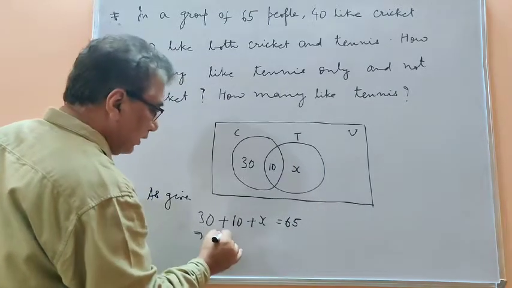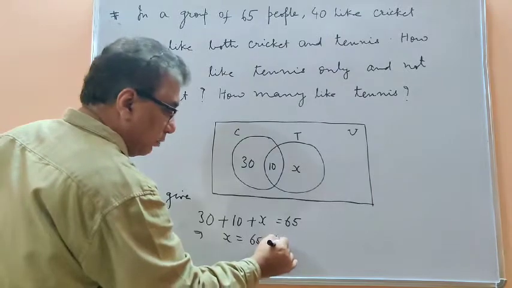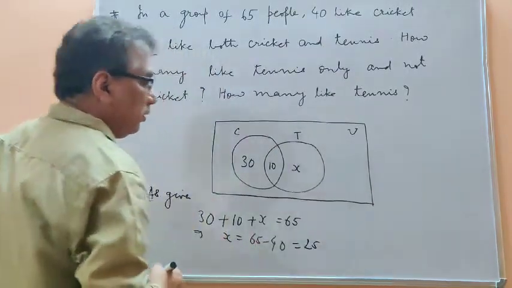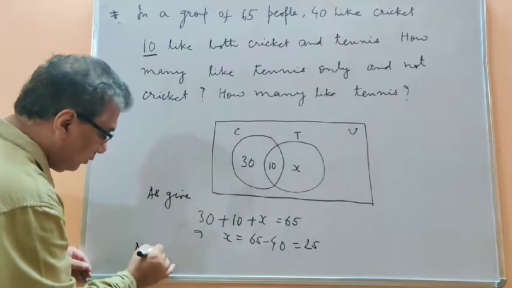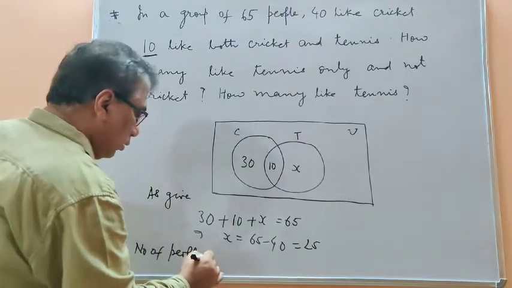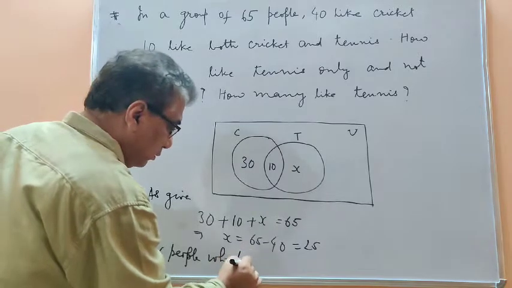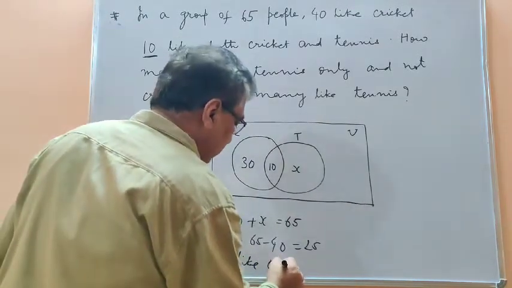That is, x is equal to 65 minus 40, that is 25. So this represents the number of people who like tennis only.